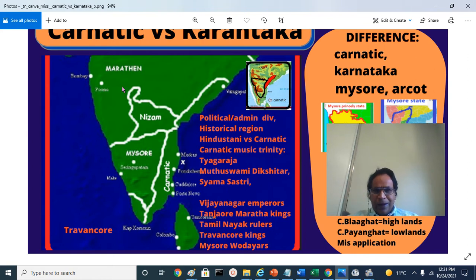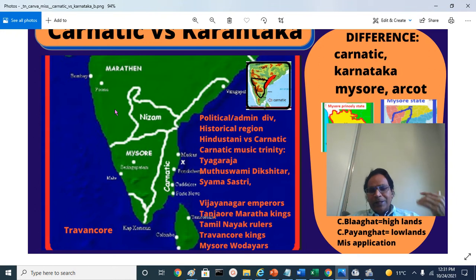In this area, later moved the capital to Kulbaragi or Gulbarga in the Bhima plains. They called this region Carnatic, the local name Carnatic, black region. So the region of Karnataka at that time was a mountainous region, that's what was established.